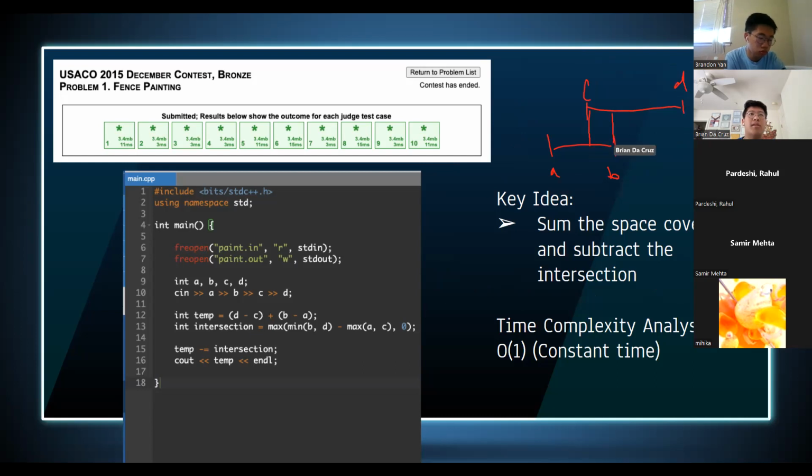I'll just draw the box out and shade it in. This is our first case: the CD interval has partial intersection with the AB interval.